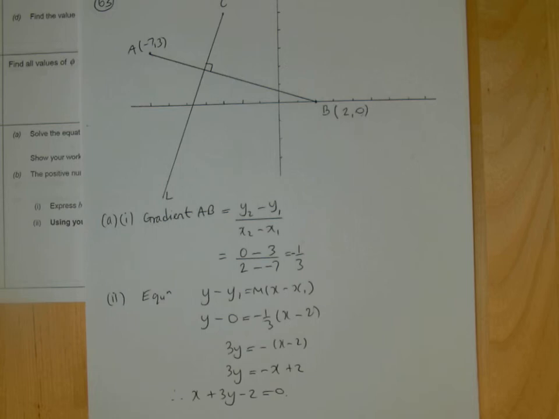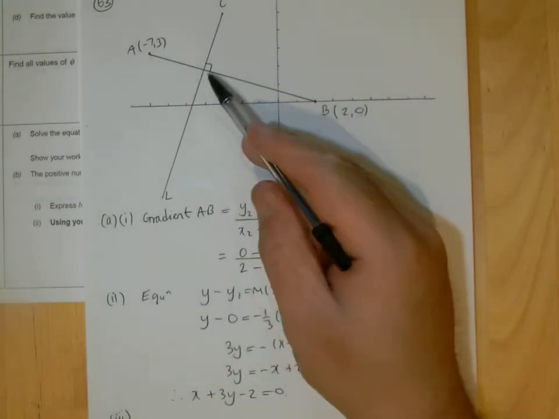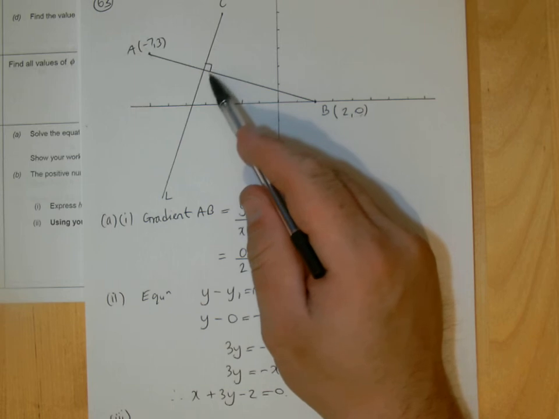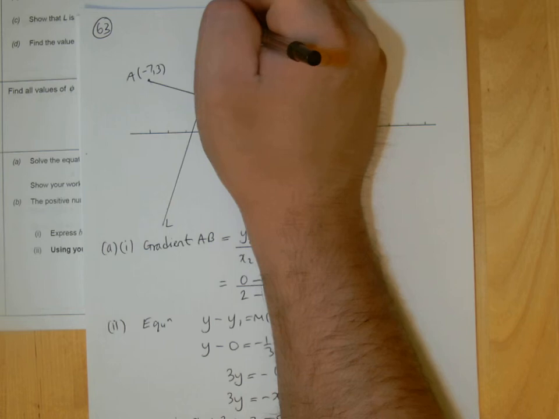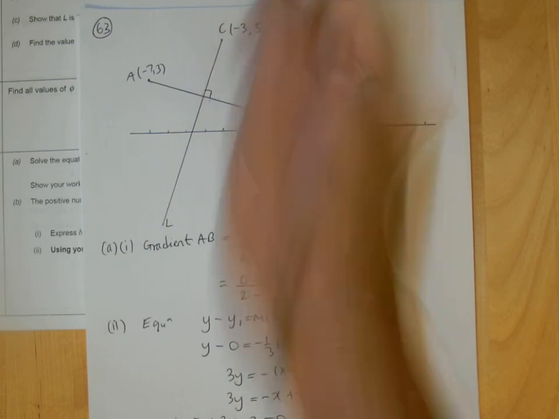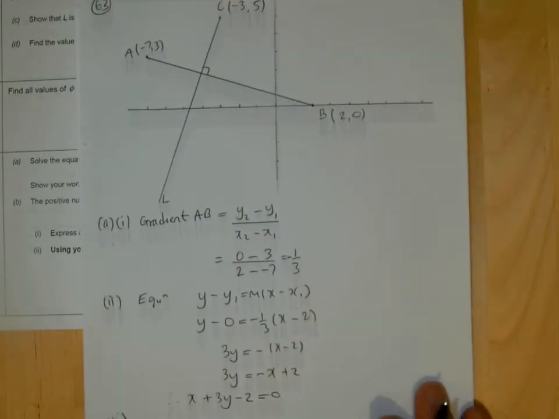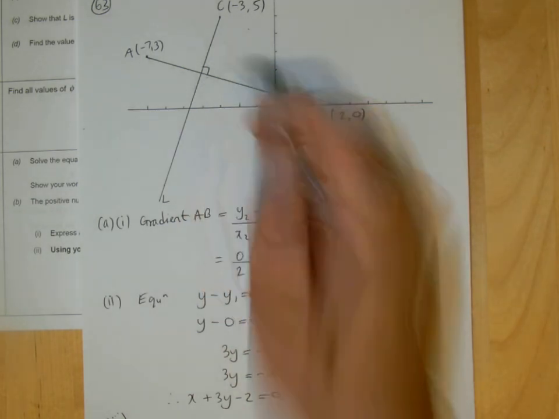Then it says to find equation L. So part 3, find equation L. Now remember, L is perpendicular to AB, and L also goes through the point C, which is minus 3, 5. So we can use that point there. I've got a point, I just need the gradient.